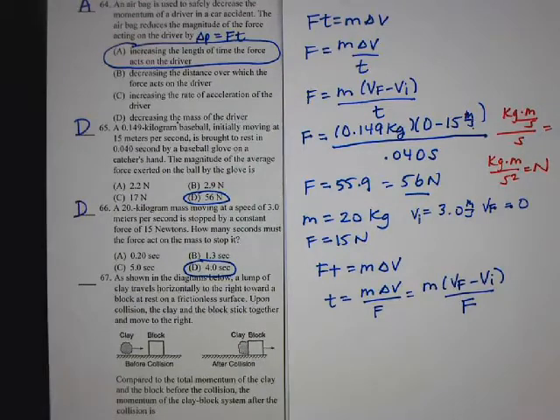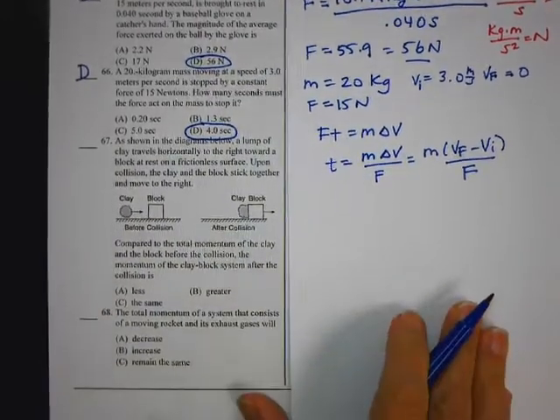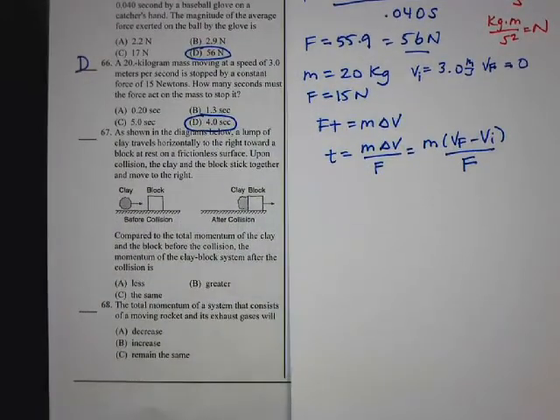All right, number 67. As shown in the diagrams below, a lump of clay travels horizontally to the right toward a block at rest on the frictionless surface. Upon collision, the clay and the block stick together and move to the right.